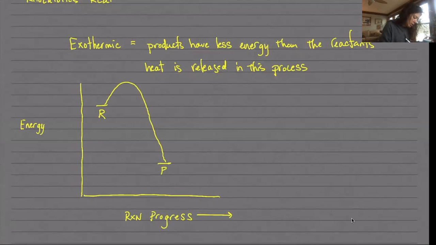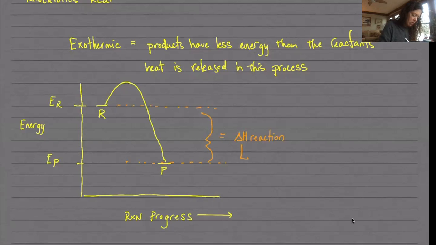So what we see is the reactants have this much energy, and the products have this much energy, such that the difference in these energies is equal to the energy of the reaction.